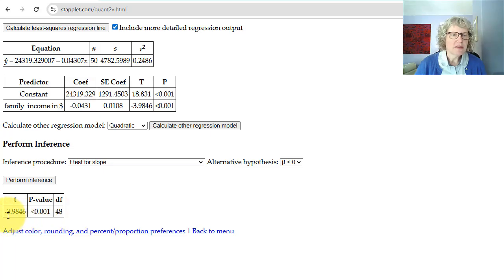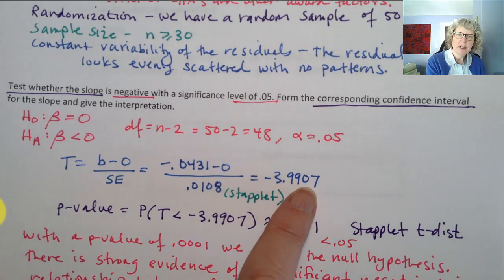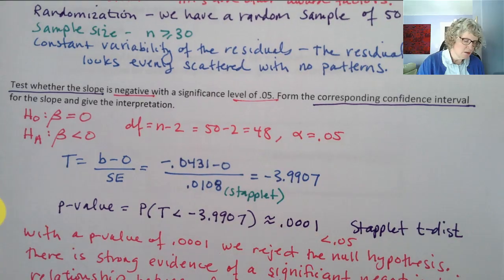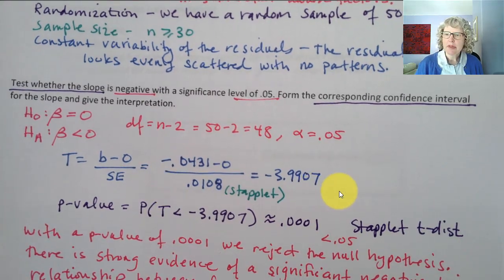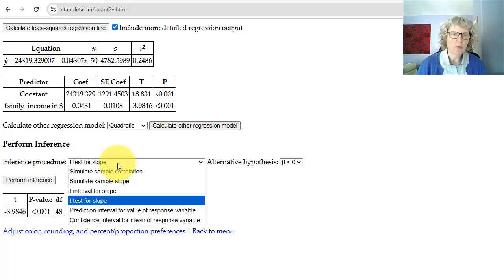We got very close to this, negative 3.9907, so very close, and we got a more precise p-value, okay? So just pay attention to whether it says to show your steps or whether you can use a theoretical calculator. You can always check this way as well.